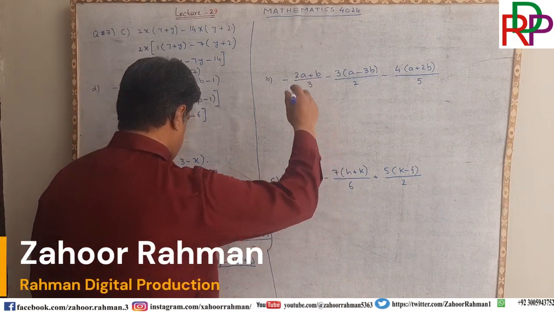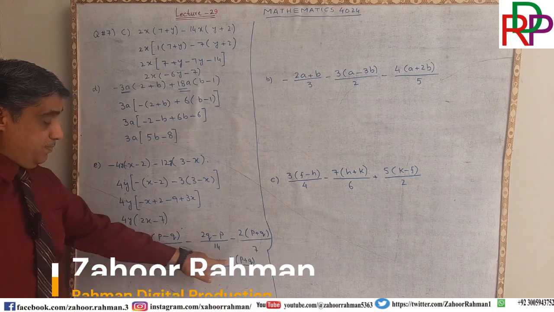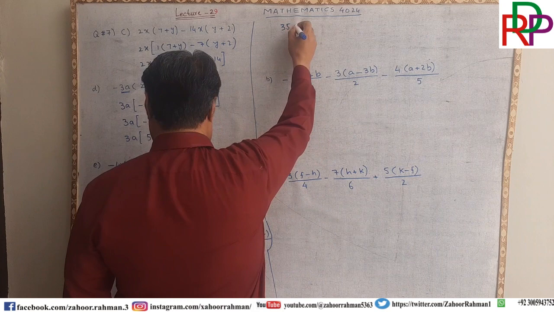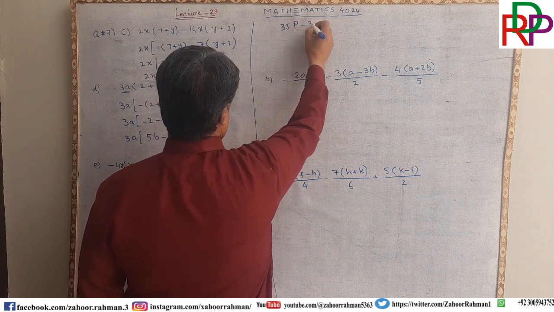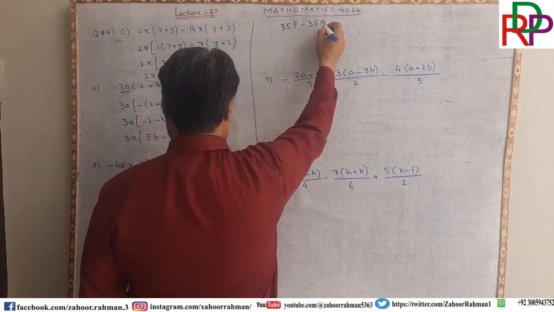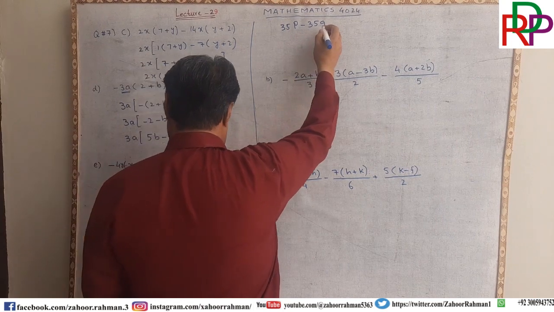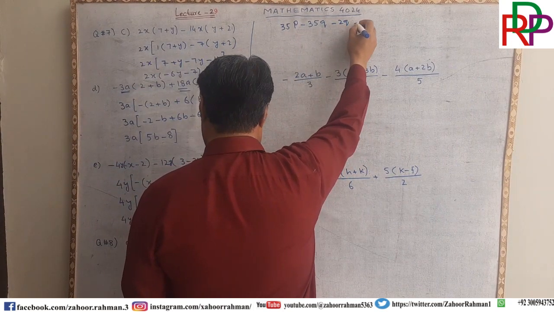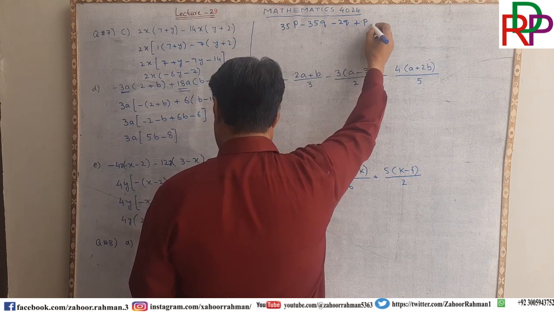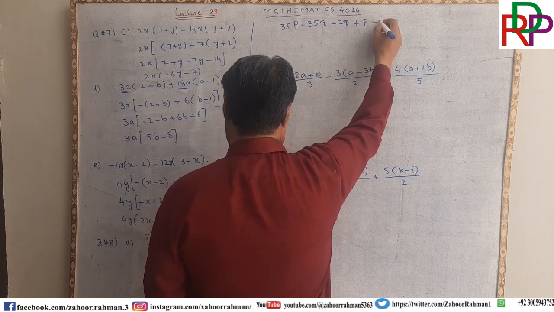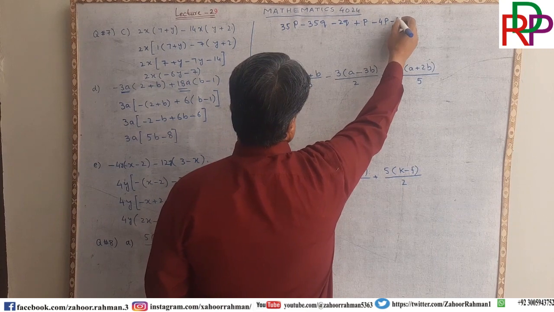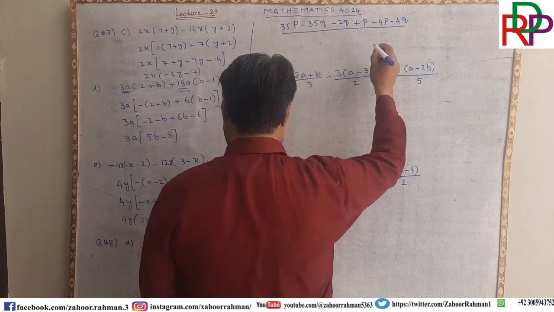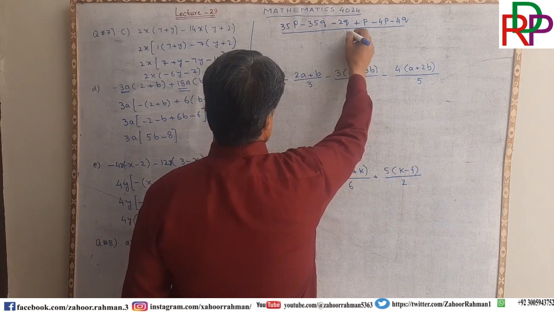Okay, now I have to open these things. So 35p minus 35q, and then minus 2q plus p, and then minus 4p minus 4q, divided by 14.